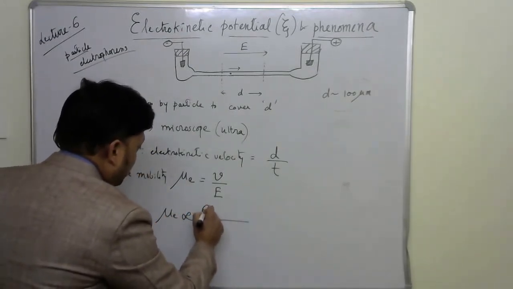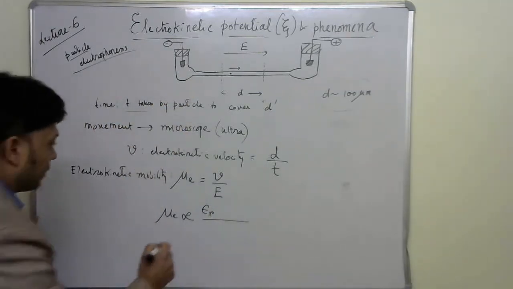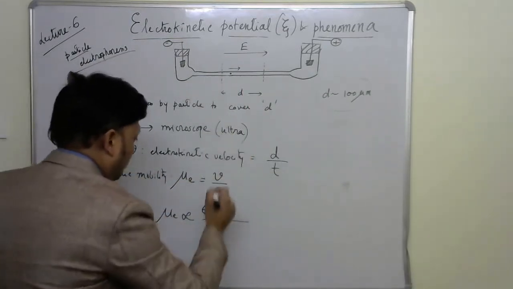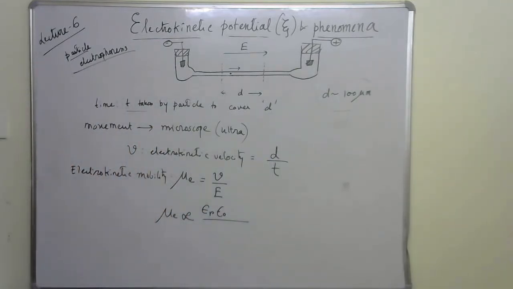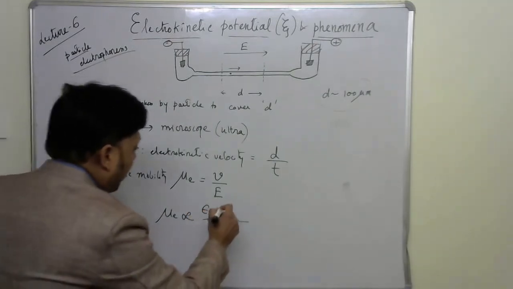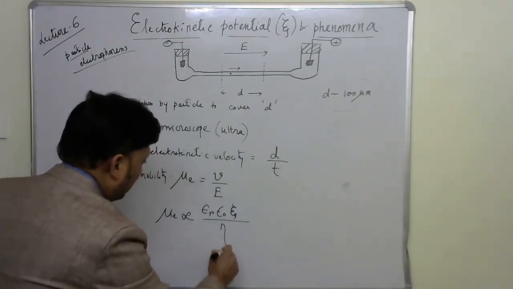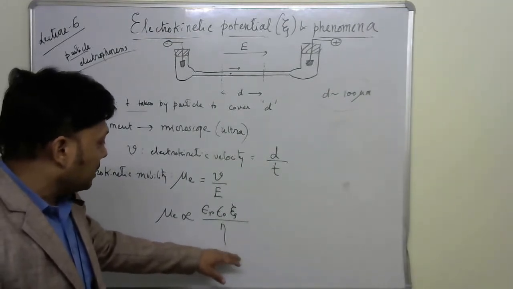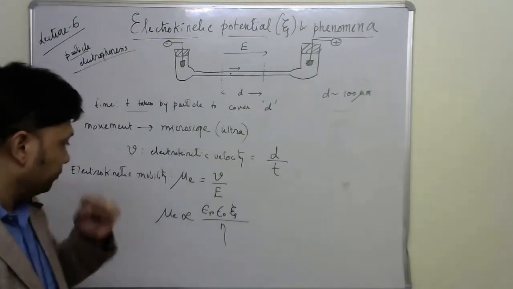That is epsilon r, the dielectric constant of the medium, meaning the electrolytic liquid, multiplied by epsilon 0, the permittivity of free space, and then multiplied by zeta, the electrokinetic potential or the zeta potential, divided by eta, the dynamic viscosity of the medium.